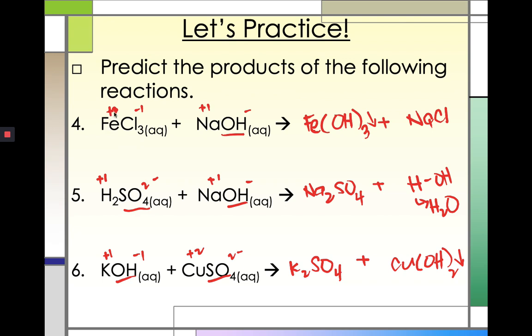So when it reacts with the hydroxide ion, which has a charge of -1, we get FeOH sub 3. And take note, this is one of the insoluble compounds, the hydroxide of a metal, so we write the downward arrow to denote that this will be our precipitate. And the rest is Na reacting with Cl. So Na plus Cl minus, that's NaCl.